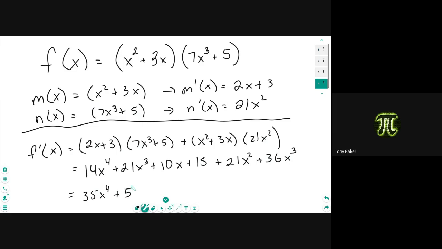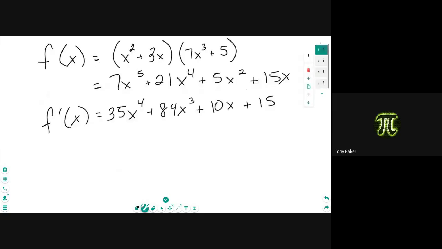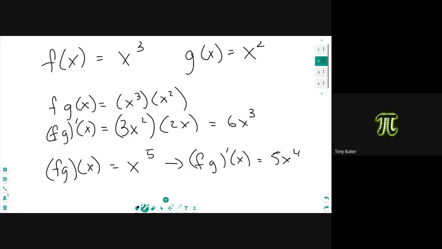Hold on. Something's wrong. Oh, I forgot a term here. No, that's there. Did we multiply this wrong? Or did I multiply this wrong?